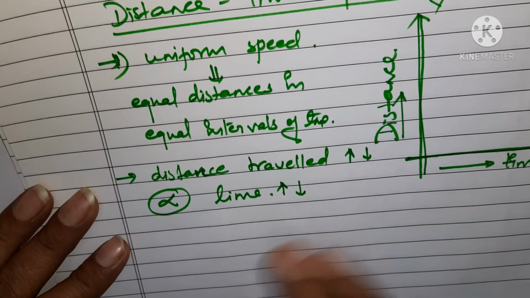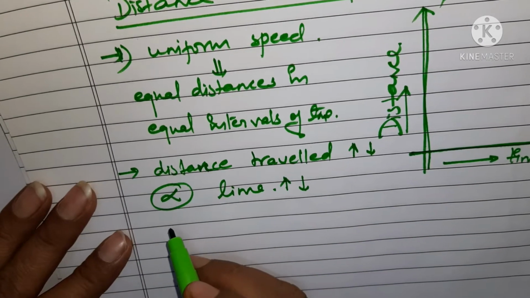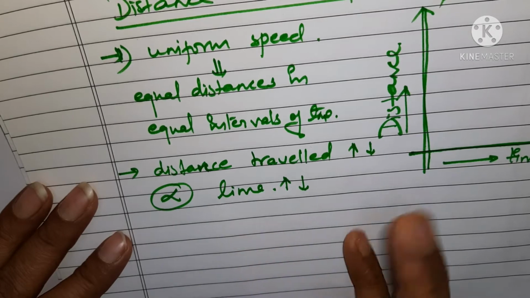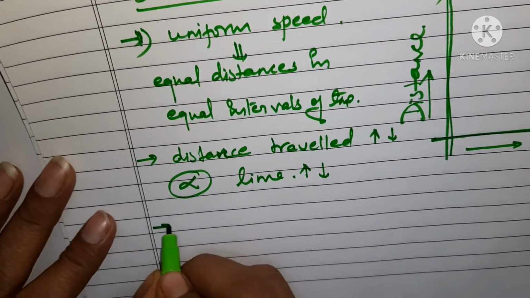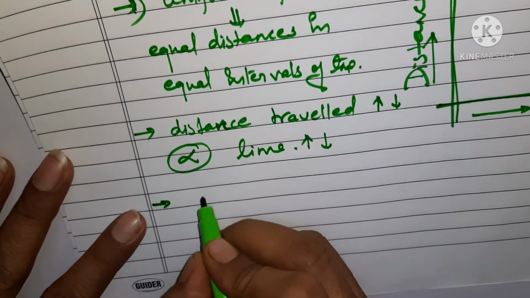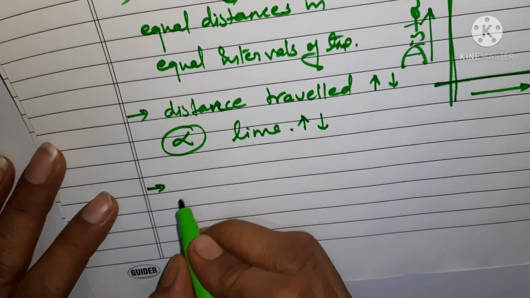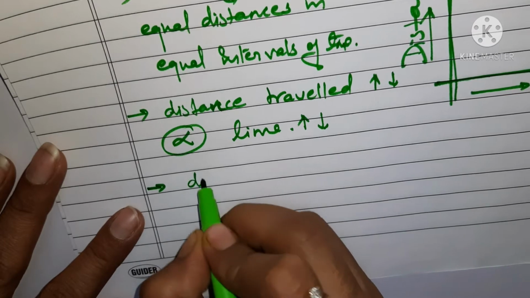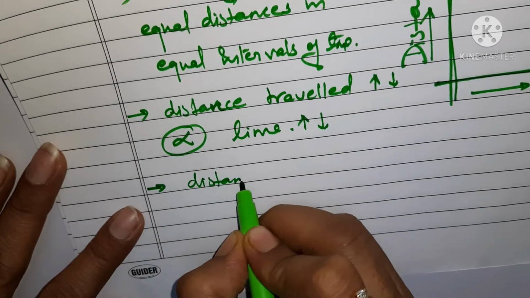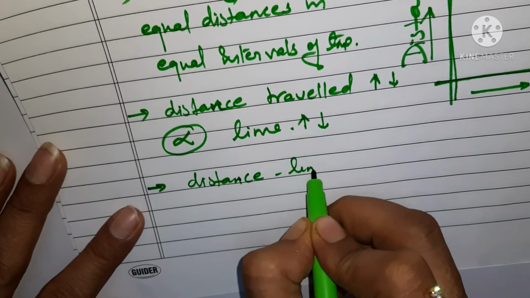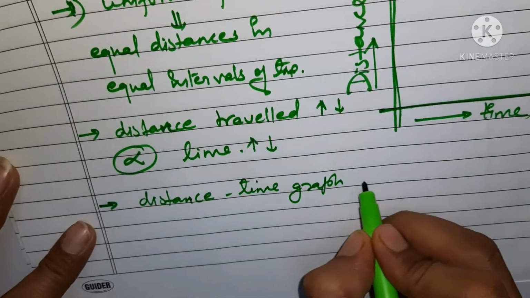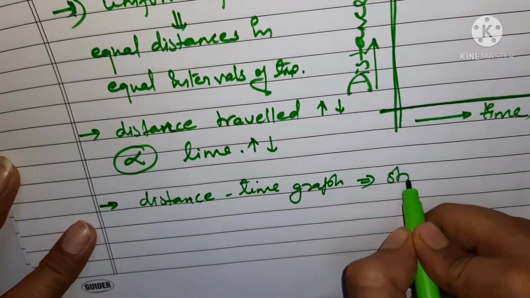So the distance time graph of a body moving with uniform speed always gives you a straight line. So you can say that the distance time graph implies a straight line.